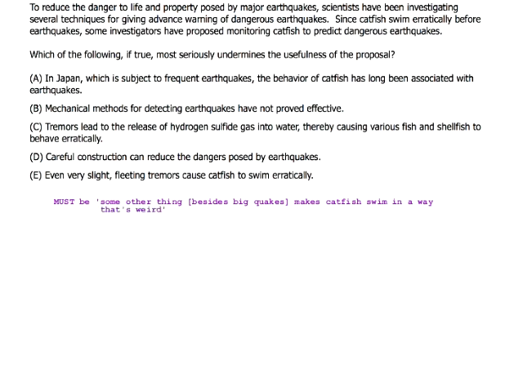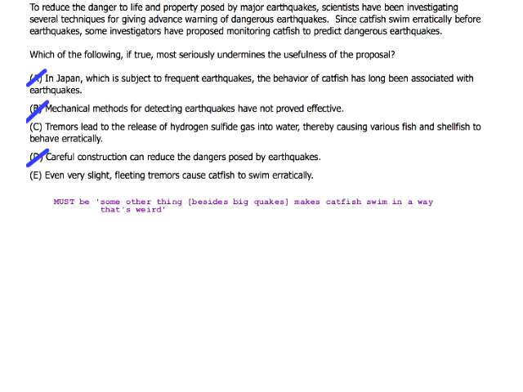All right, so that means it is not A, not B, and not D, because none of those have anything to do with correlations in catfish. But if you look at C and E, those both look like something makes fish swim erratically.